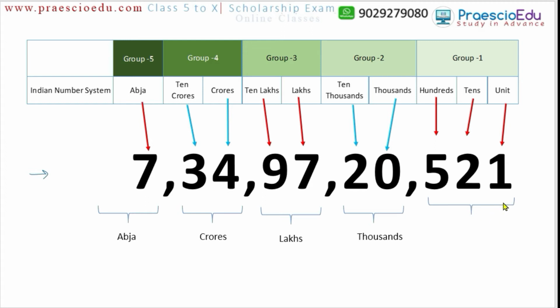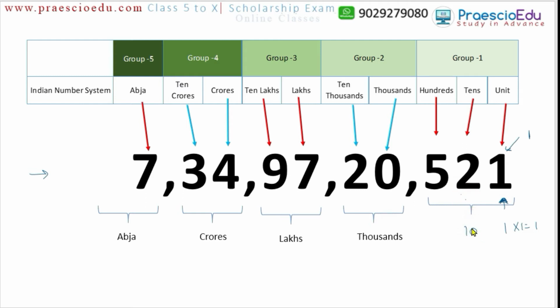Now here 1 is at the unit place. So what is the face value? The face value is 1, this is the digit. And the place is the unit. So what is the place value? The place value is 1 multiplied by the unit, 1, which means 1. Now here 2, the position is the tens position.